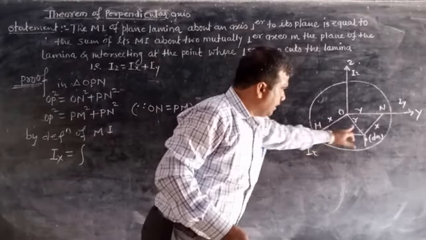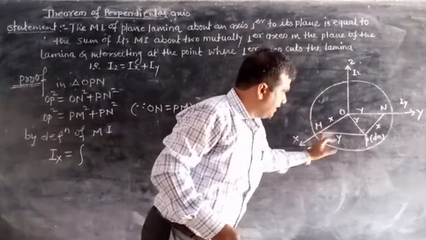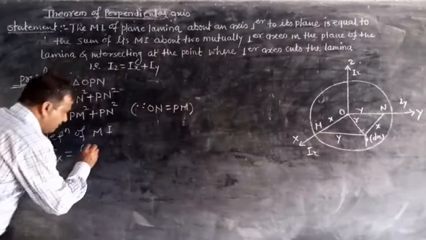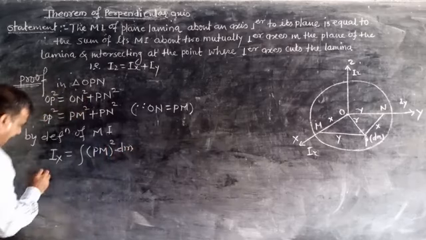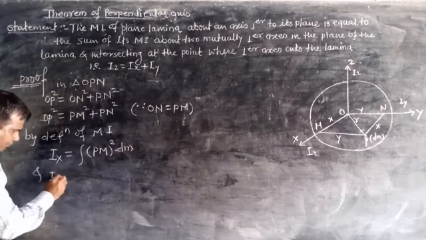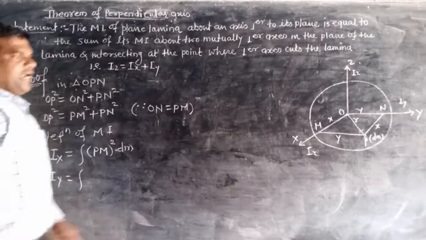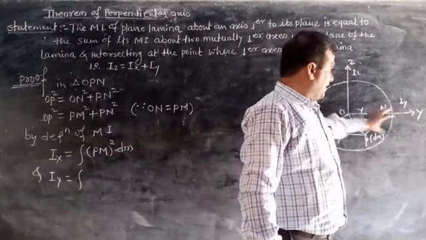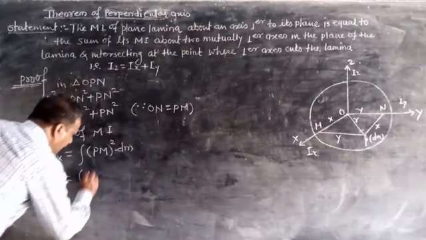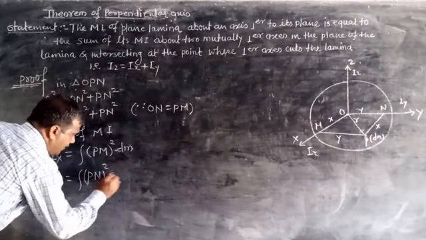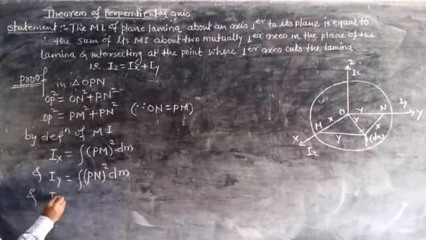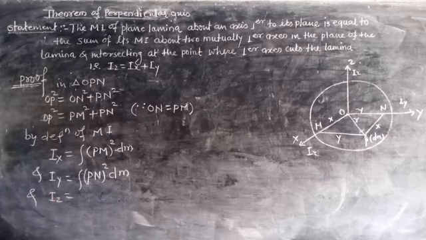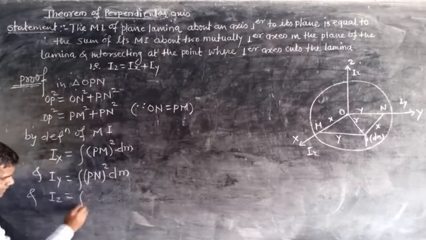This is the x-axis, and the distance of P from it is PM. Similarly, Iy is the distance of particle P from the y-axis, which is PN, so PN square into dm. And Iz, the moment of inertia of the element about the z-axis. What is the distance of particle P from the z-axis? That is OP, so OP square into dm.